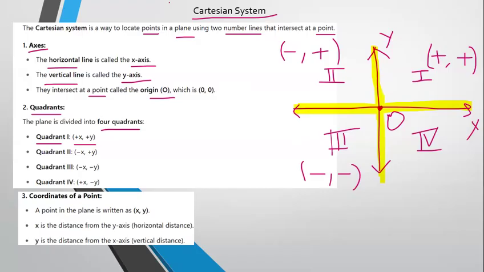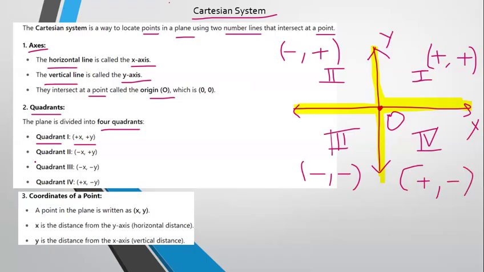In the fourth quadrant, the values of x are positive and the values of y are negative. It means the point will be of the form plus minus: x positive and y negative.